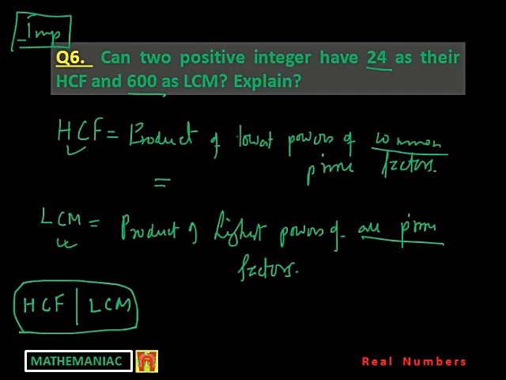That means 600 should be divisible by 24. If you get that, then it's okay. That means they can be, and if you do not get it, they cannot be. Right? So please try to write that answer yourself. And if you have any problem, do discuss it again.